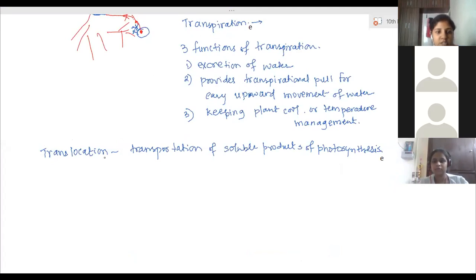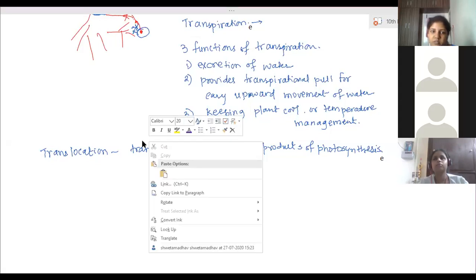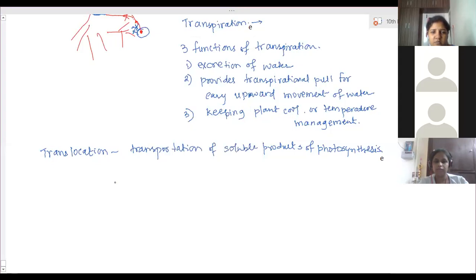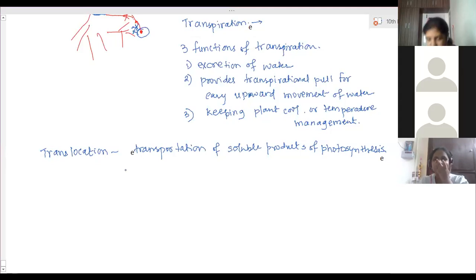Okay, so translocation is movement or transportation of soluble products of photosynthesis. So what are these products?